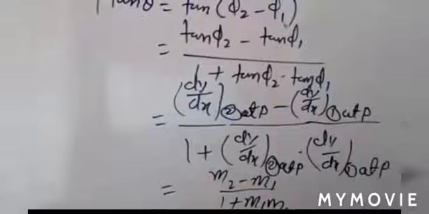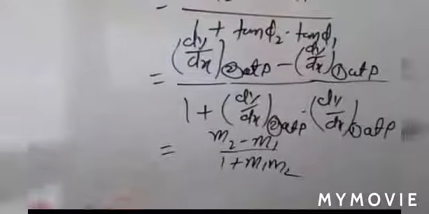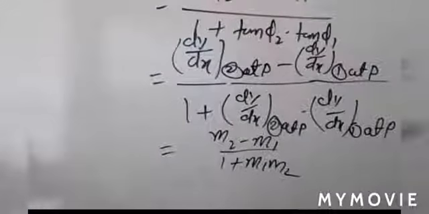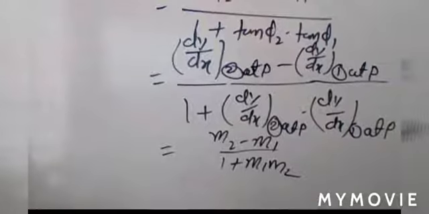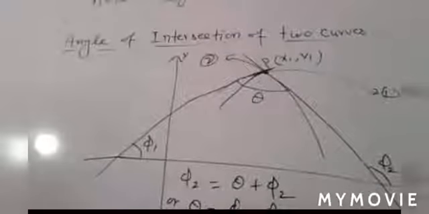In this way you represent the values of dy by dx at the point of intersection as m1 and m2, and putting all those values in the given formula, you will have the angle between the curves. Okay, I think everyone is getting all these steps, so you solve the questions based on it.